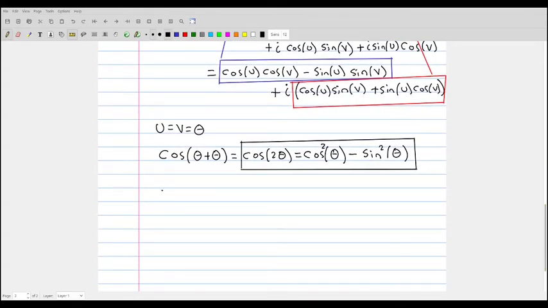Now you can consider the same thing with sine of theta plus theta.